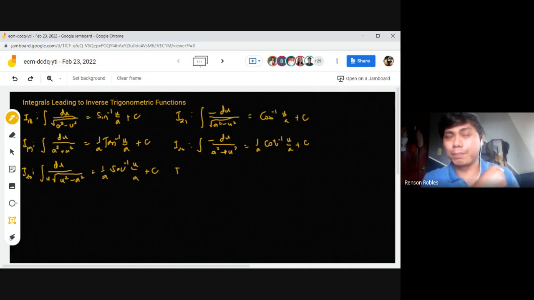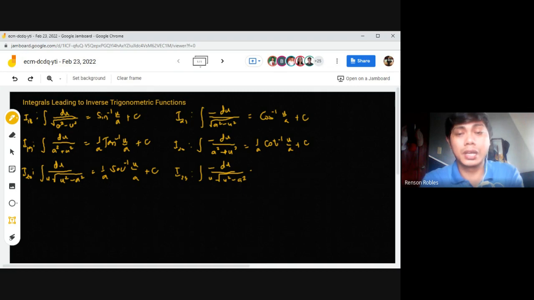But for the purpose of this discussion, I will encourage you and I will require you to use capital letters, just to distinguish them from the reciprocal identities. And I-23, that's negative du over u times the square root of u squared minus a squared, and that's 1 over a arc cosecant u over a plus c.